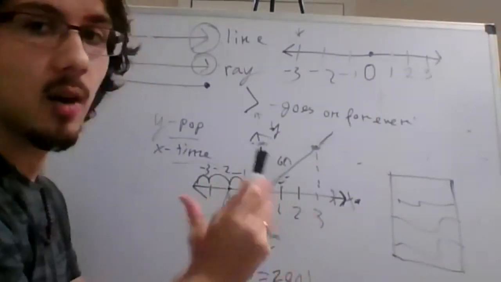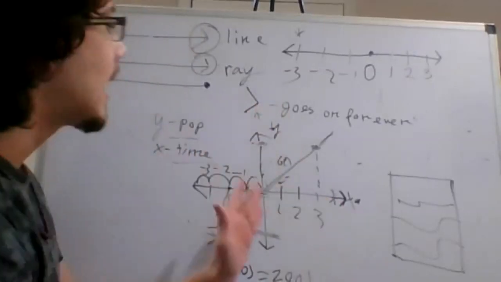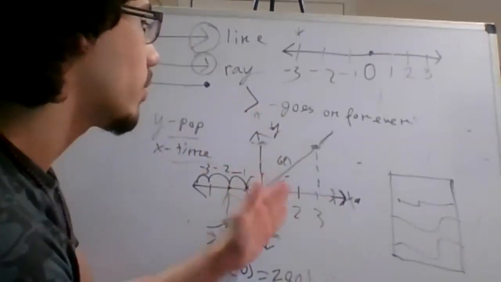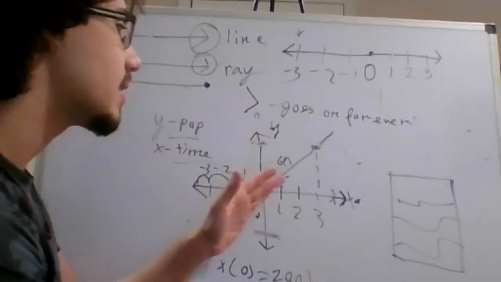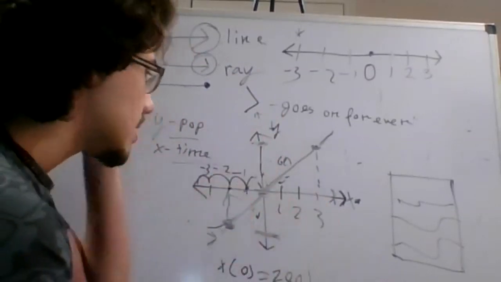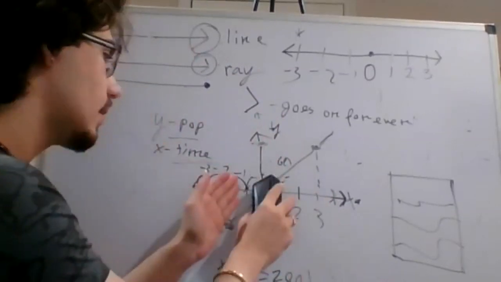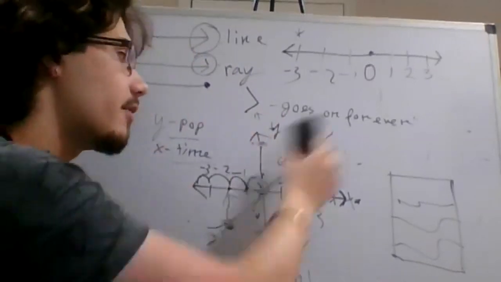Okay, that is how we apply lines to our graphs. And it's the difference between lines and rays, because lines in calculus we can use to say that we can measure the past using lines in our functions.